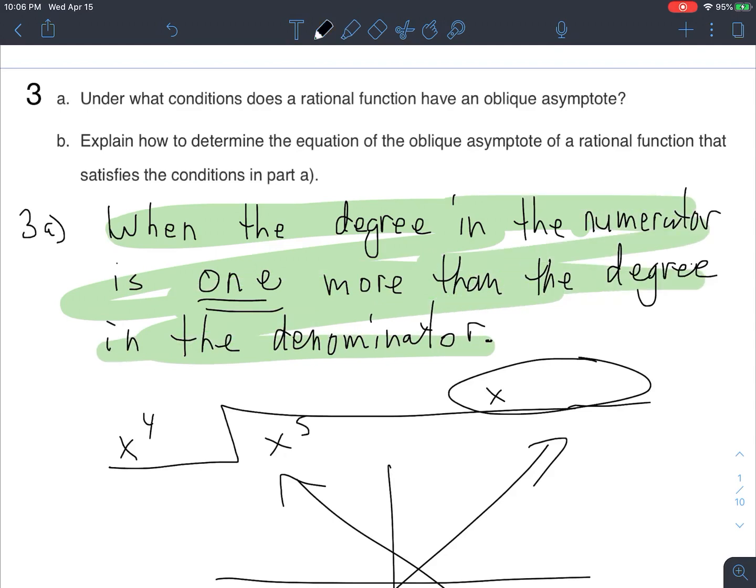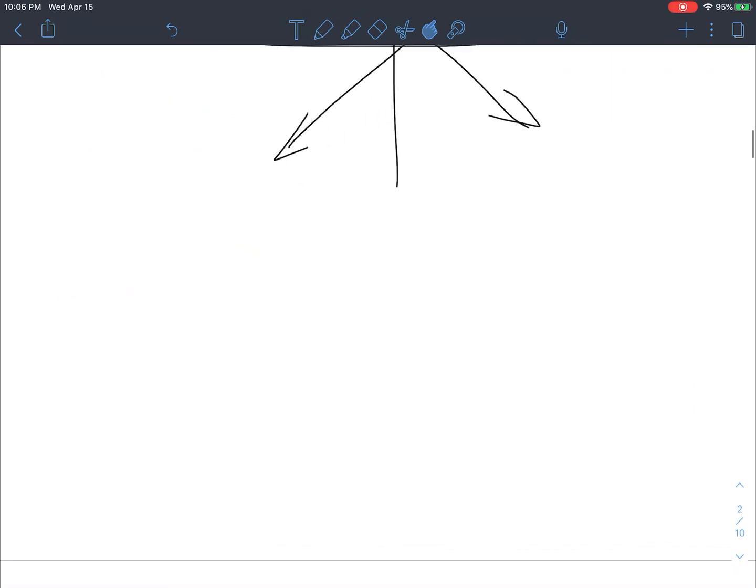Okay, part B. Explain how to determine the equation of the oblique asymptote of a rational function that satisfies the conditions in part A. Oh, and I guess I kind of just explained that.